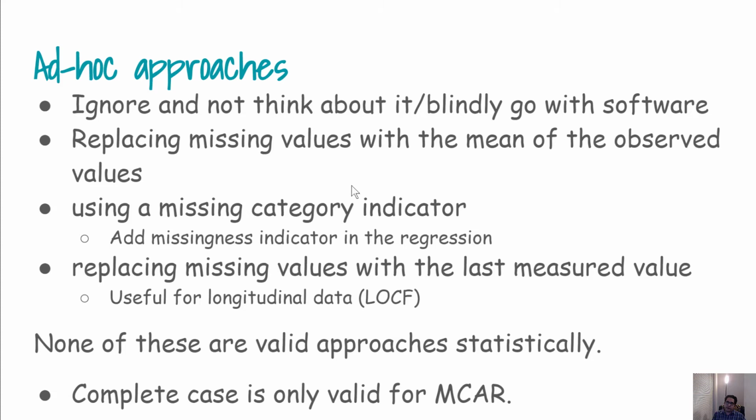One other approach people do is they use the missing category indicator, and they just add a category to the income level: less than 20,000, between 20 to 50,000, above 50,000, and then there is a missing category.